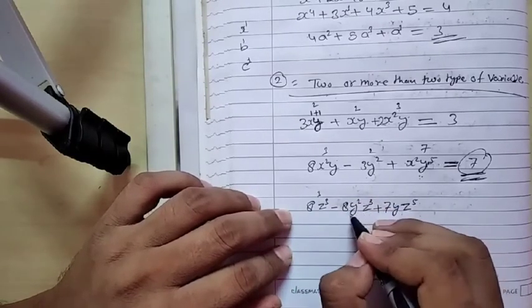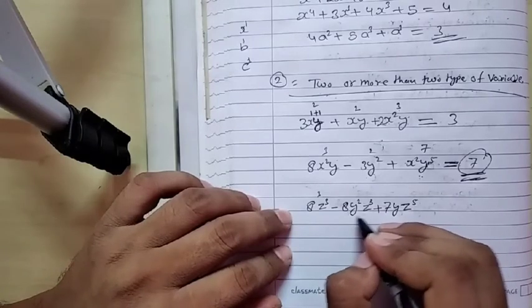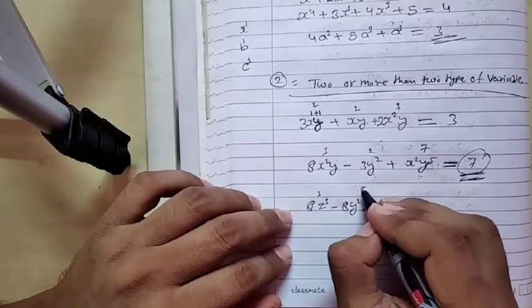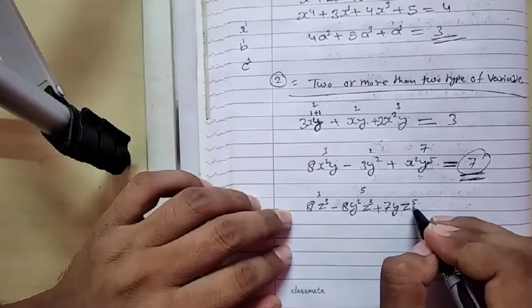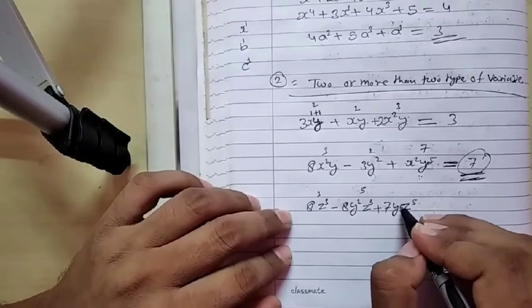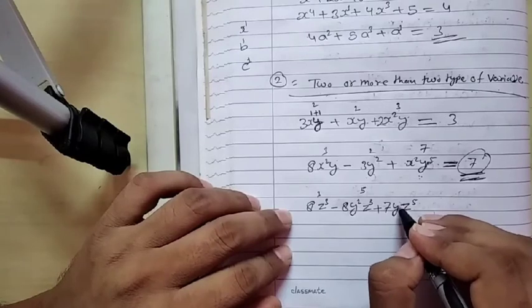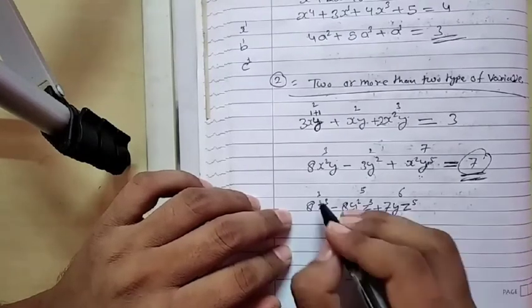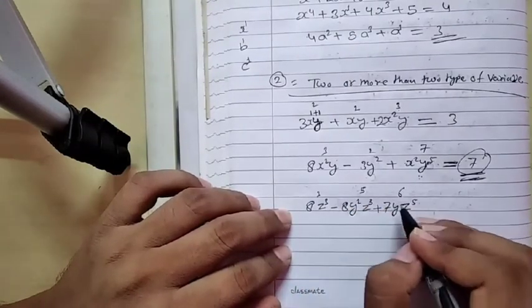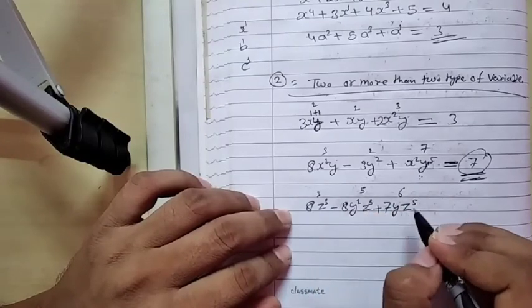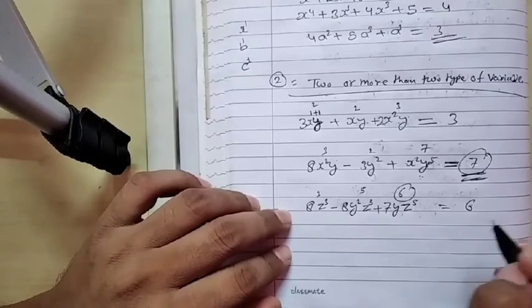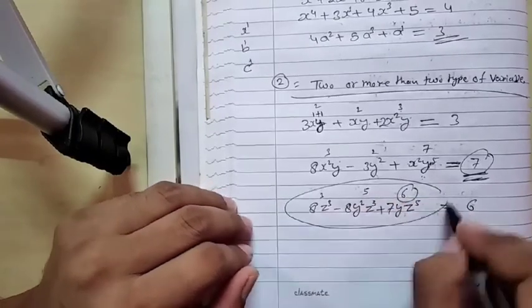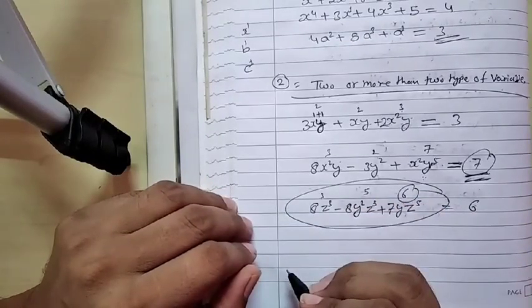Okay, and in this term two variables are there and the sum of the powers will be 5, 3 plus 2, and here the power of z is 5 and the power of y is not given, so we will consider 1, and 1 plus 5, 6. So 3, 5, 6, and the maximum sum of the powers is 6, so 6 will be the degree of this polynomial. Got it?